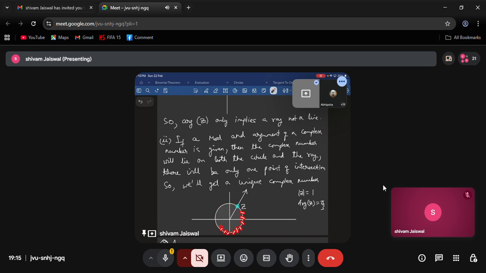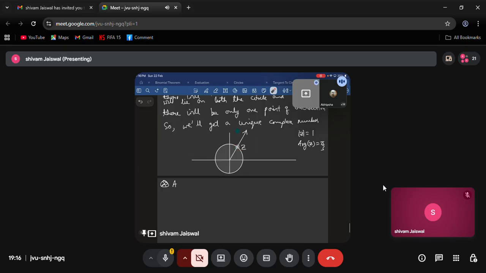If only modulus is given, it can lie anywhere on this circle. But if the argument is also given, then your complex number can lie anywhere on this ray. That means the complex number should lie on this circle and on this ray. So which complex number lies on both? The intersection point. Are you getting how we are getting the unique complex number? Okay.